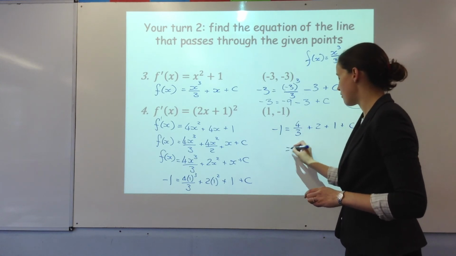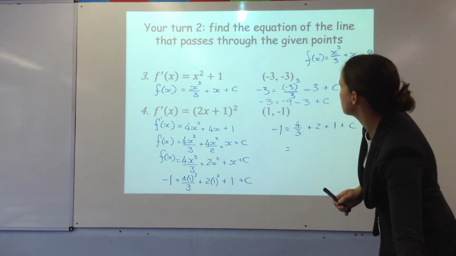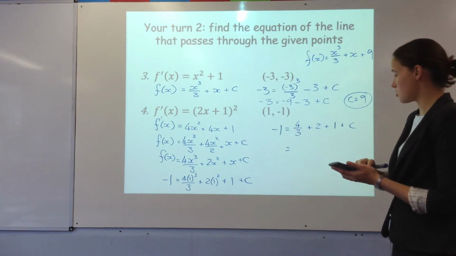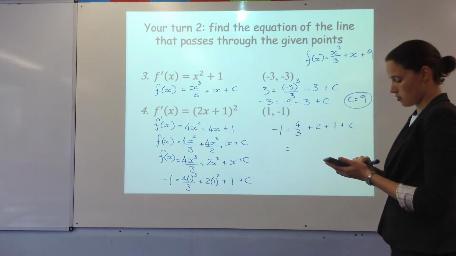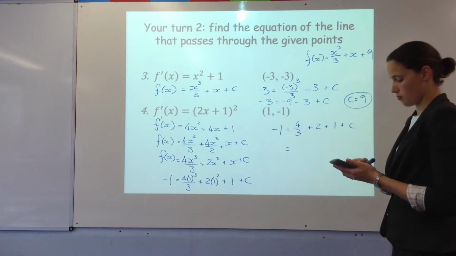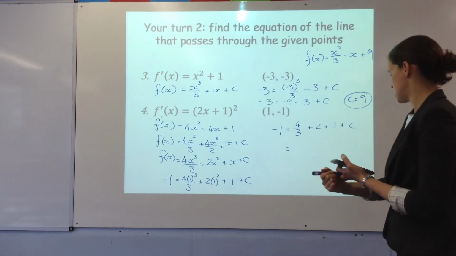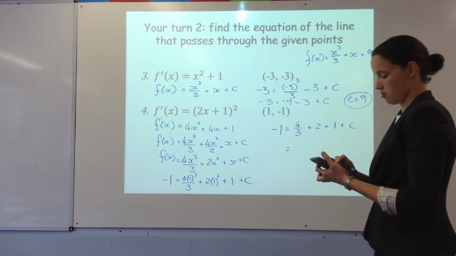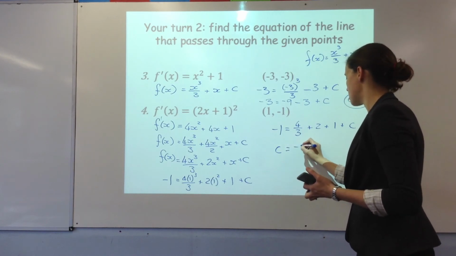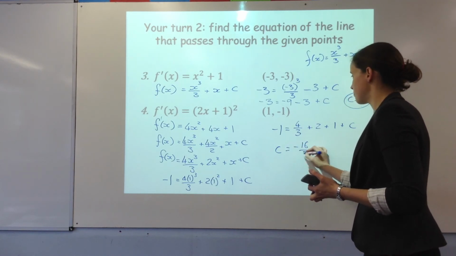So minusing everything, and again I'm just going to use a calculator for this, minus all of that from here, so we're going to have minus 1, minus the 4 over 3, minus the 2, and minus the 1. And I get negative 16 over 3. So c is equal to negative 16 over 3.